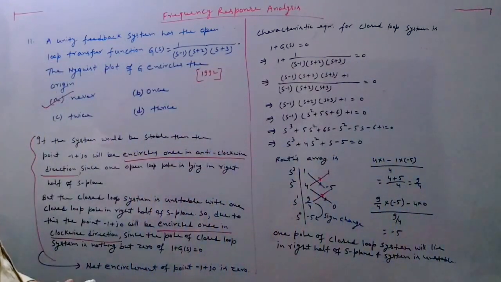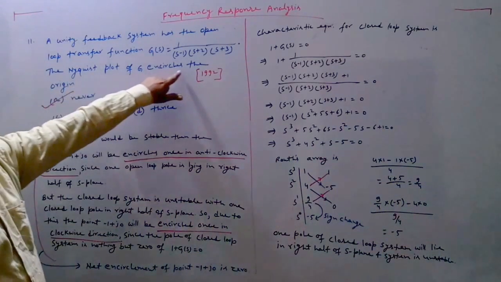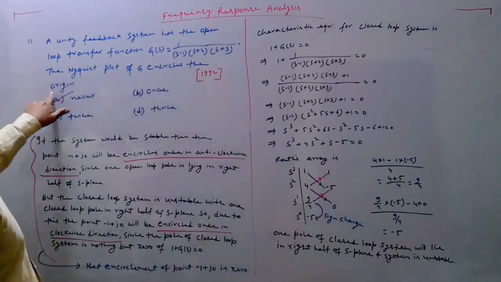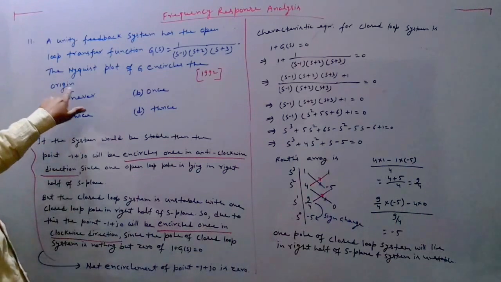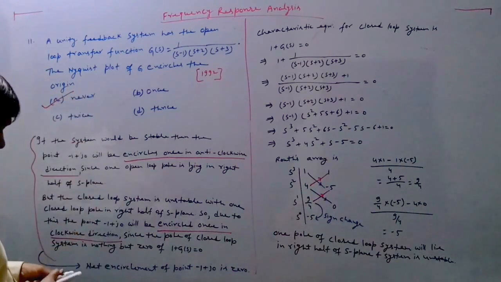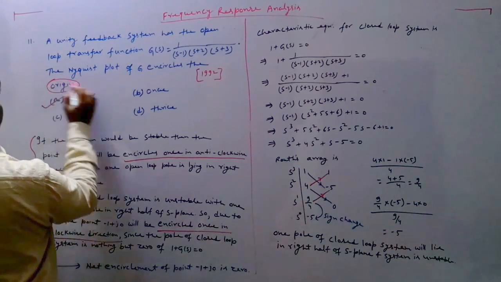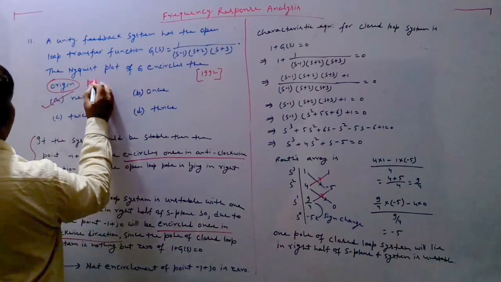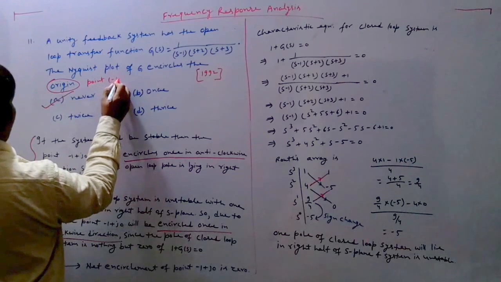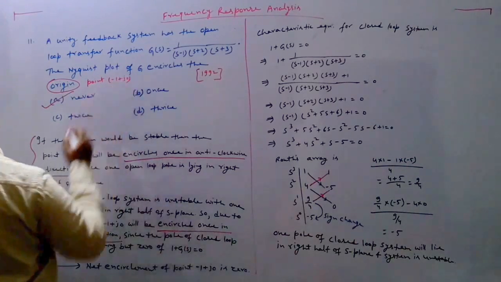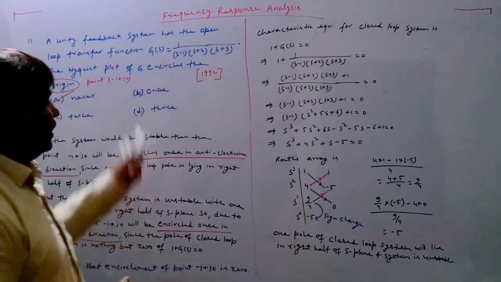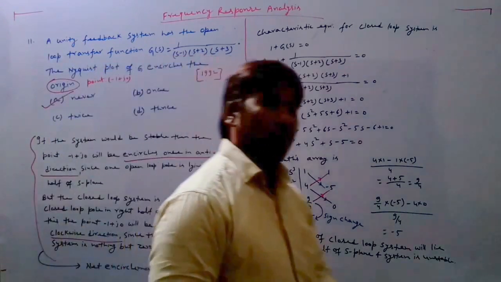Actually, in the question, the Nyquist plot of G encircles the origin. In place of origin, it must be the point -1 plus j0. Then the question will be more accurate.